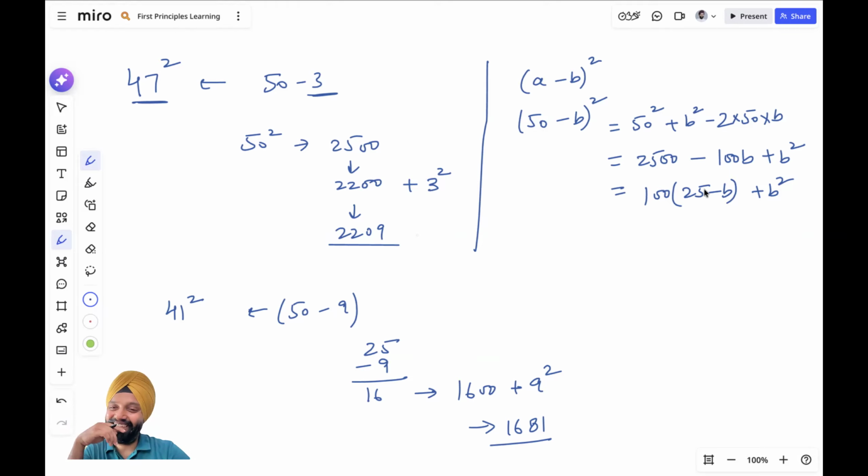Oh, so this is where the shortcut is coming from. That 3 is just b here, and that 9 is just b here.